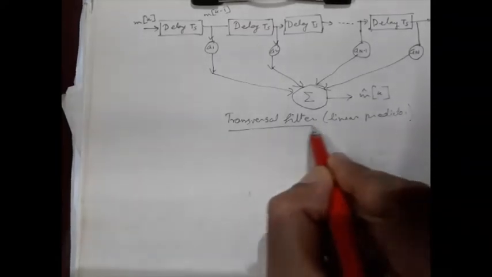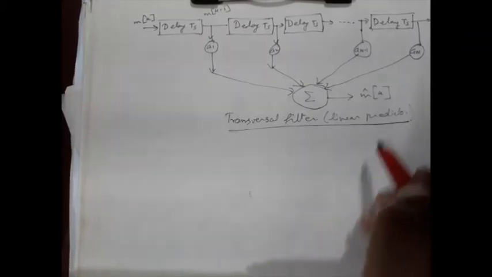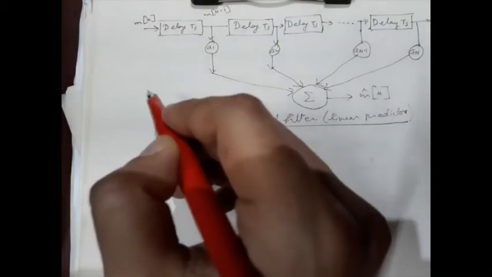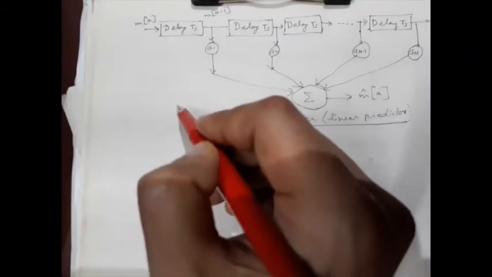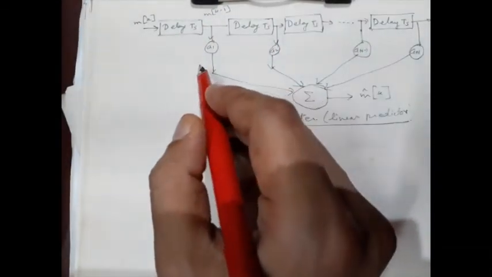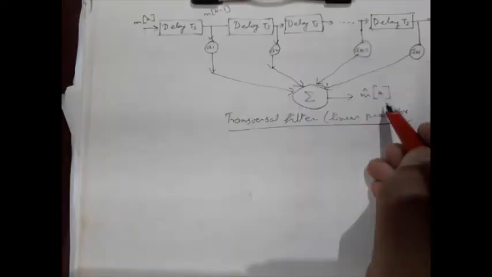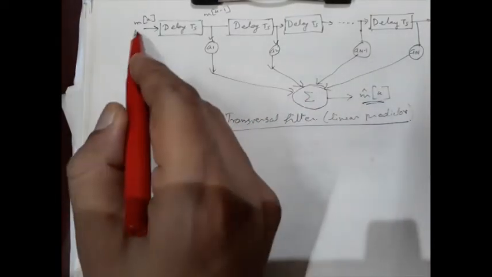So theoretically it is possible to generate estimation, and also from the theoretical idea we have derived the hardware. We can derive the hardware of that particular network so that we can get the estimated value of the current sample.